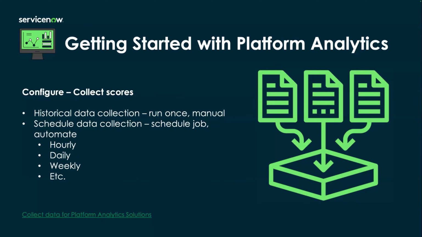So really the best way to find what content is available to you out of the box is to go to the docs for the given application, ITSM, HR service delivery, CSM. Generally, if you do a search in the docs for analytics for, and then fill in the blank with whatever your application is, you should generally find what's available out of the box for that application.